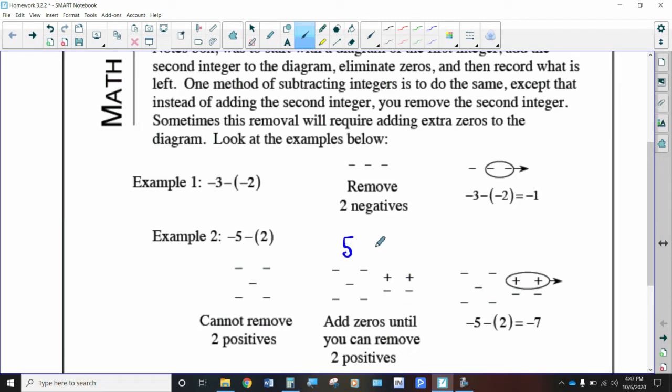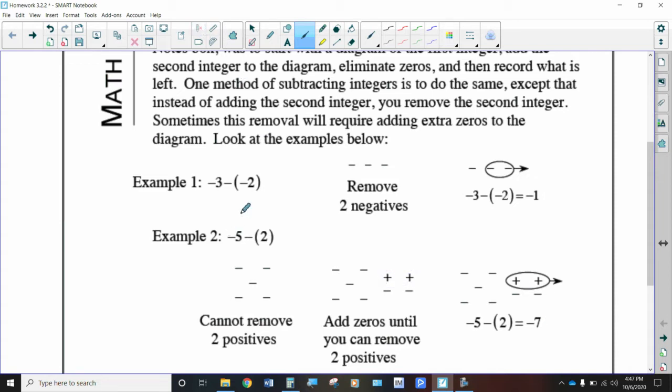This is literally saying 5 plus 0 again, which we know is equal to 5. So if we add 2 0 pairs to -5, you will now have enough positives to take away, and that leaves you with 7 negatives as your answer.